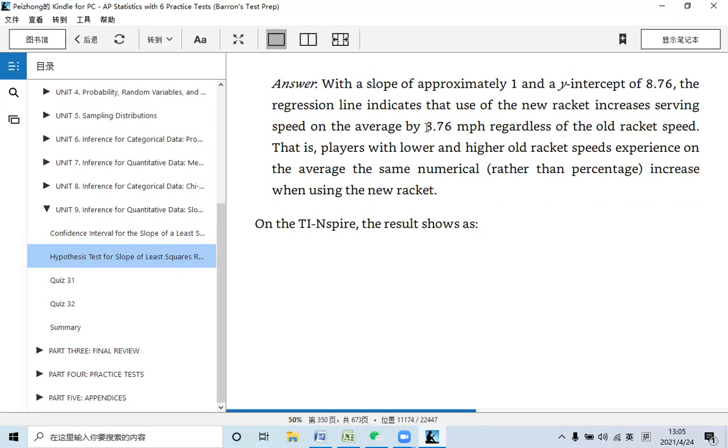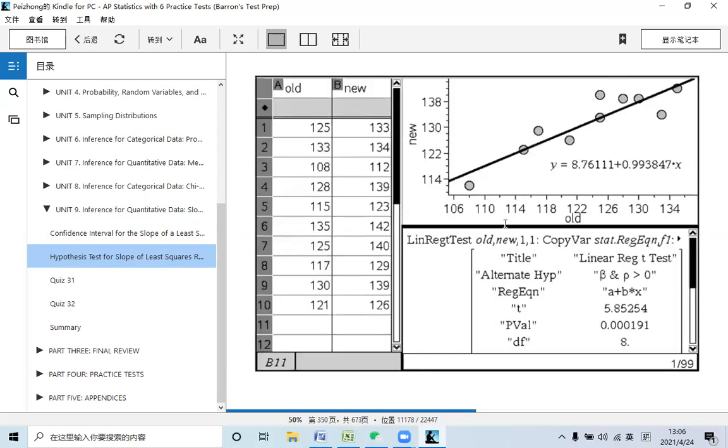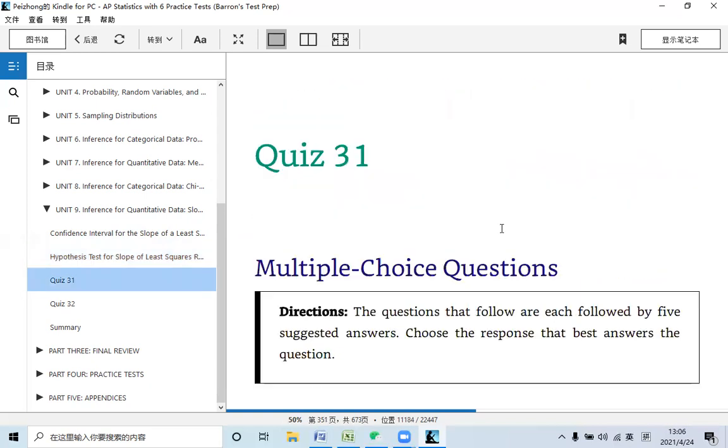So basically, even when the old racket speed is just an average, you still get an improvement of 8.76 by using the new racket. Player with lower and higher racket speed, yeah, good. That's what it means.